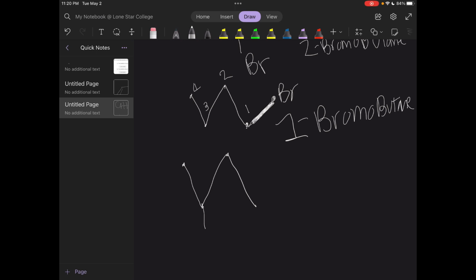So you can put a bromine right here. And instead, 1, 2, 3. Instead of a carbon right here, I could maybe put like a carbon right here.